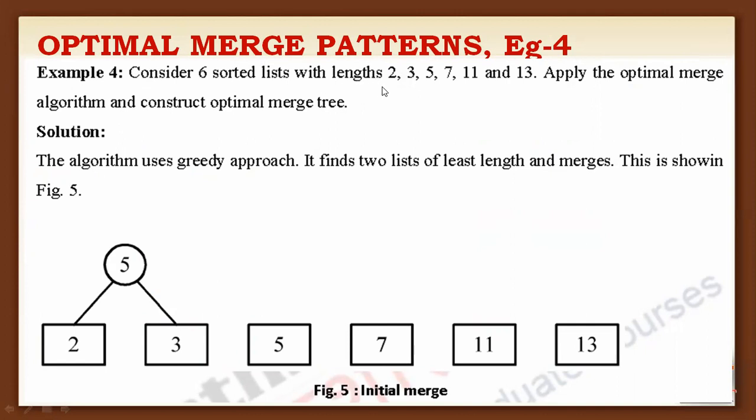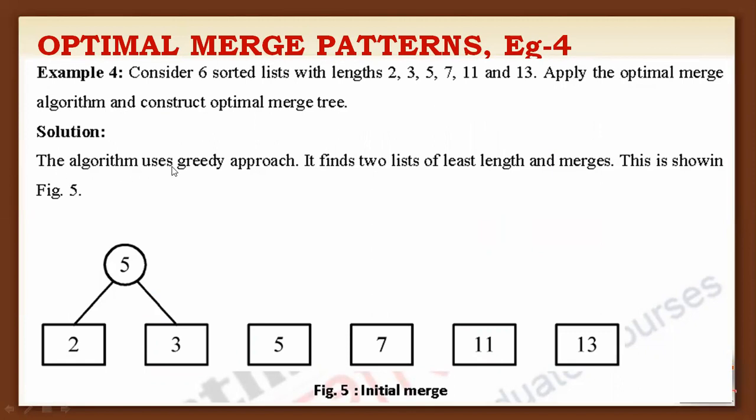The file sizes are also given. Solve the optimal merge pattern problem by using greedy strategy. So apply the optimal merge algorithm and construct the optimal merge tree. This is the given problem. Now see the solution here.